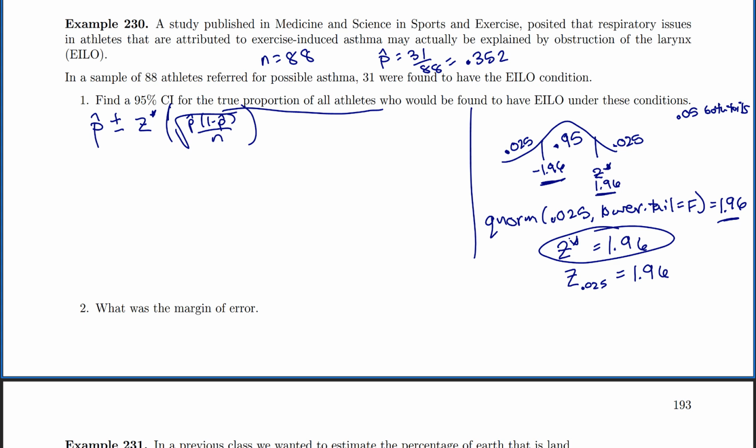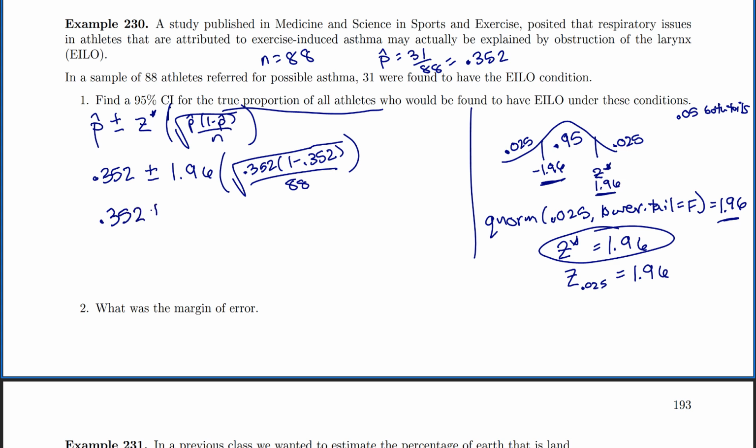So P hat is 0.352 plus or minus, now Z star is 1.96, times my standard error, which we haven't calculated yet. So let's say P hat is 0.352 times 1 minus 0.352 all over my sample size of 88. So that should be 0.352 plus or minus 1.96 times 0.051.